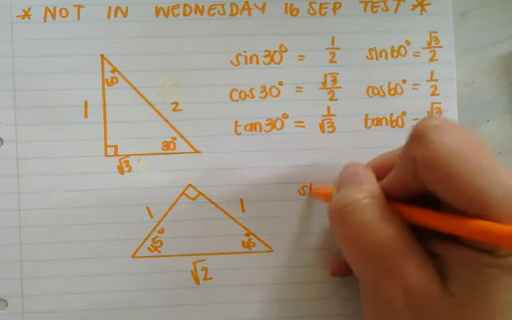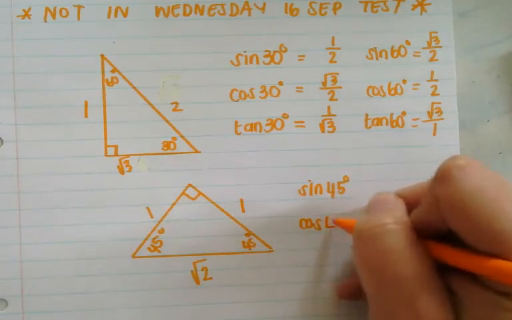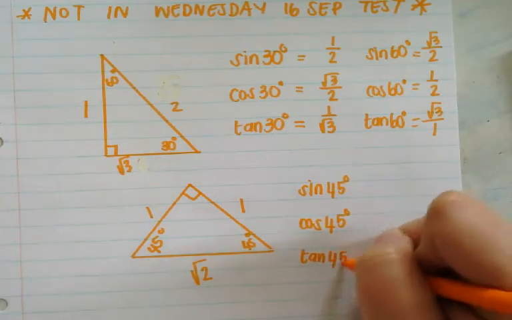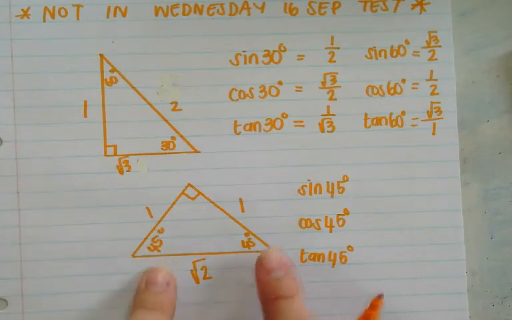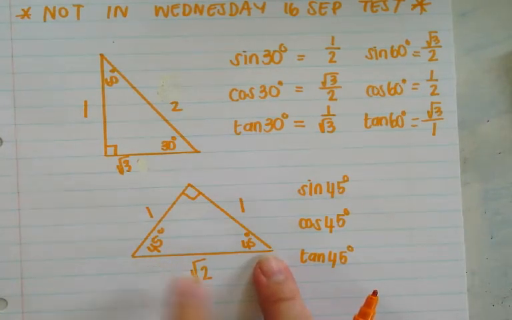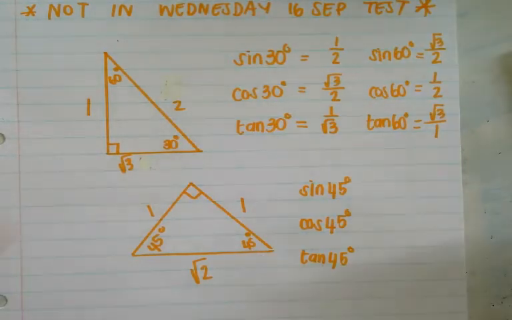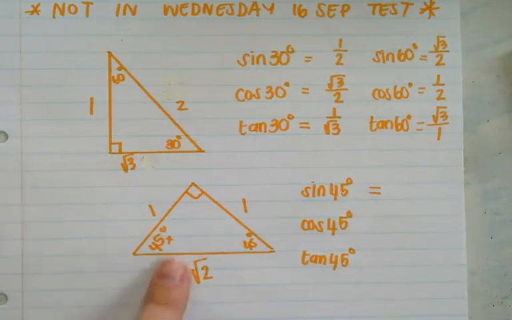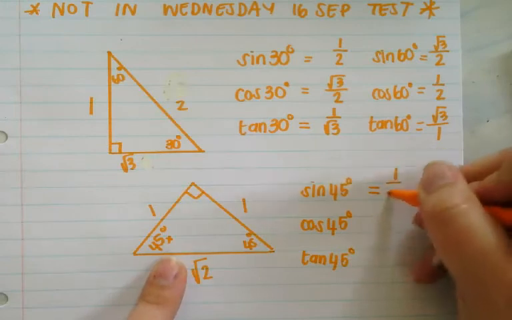Now if I go sine 45 degrees, cos 45 degrees, and tan 45 degrees, would it matter which 45 I use? Would it be different for the other 45? No, so I'm only going to do it once. So sine of 45, here's my reference angle, opposite over hypotenuse.